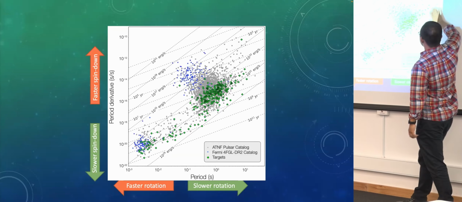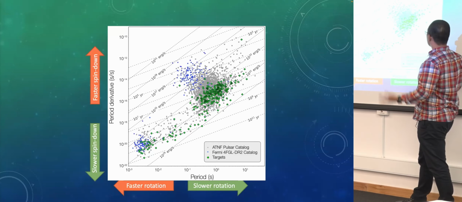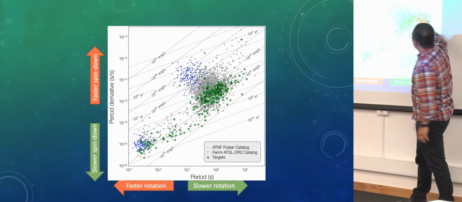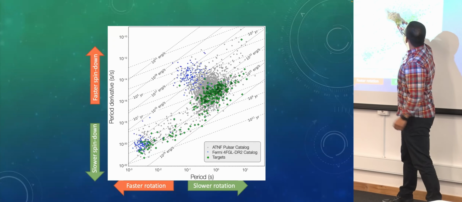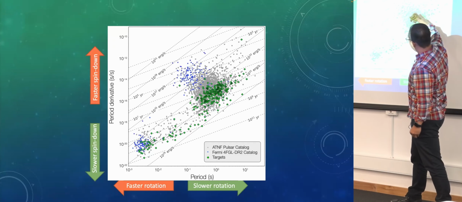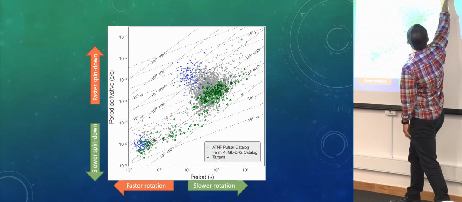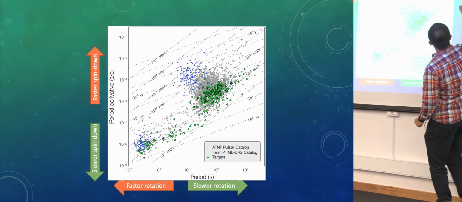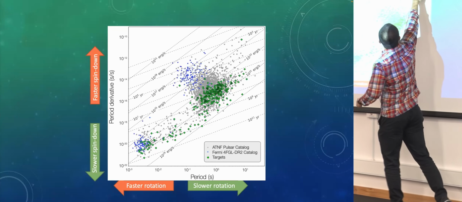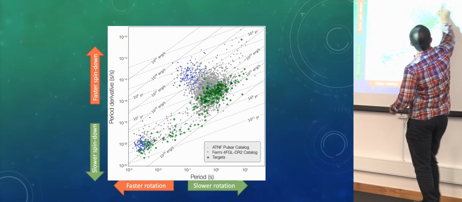These are the canonical pulsars that are believed to be slightly younger, and they're more energetic in general, particularly those in the gamma ray pulsar regions. And we think they're younger because they fall into this younger region of the characteristic age, which is represented by this set of diagonal lines.